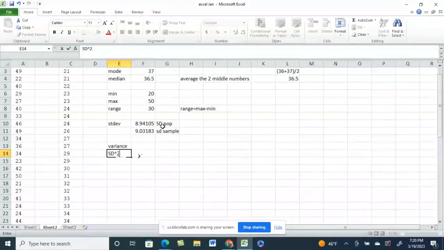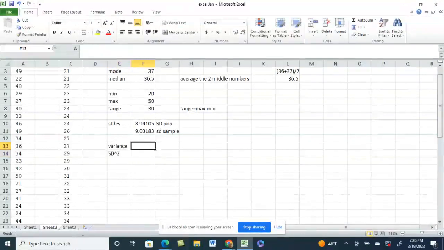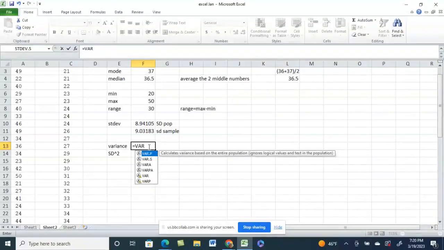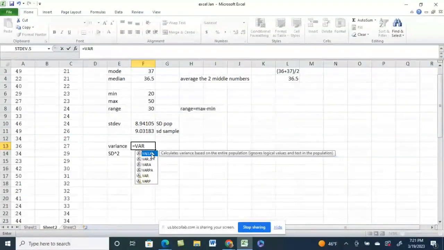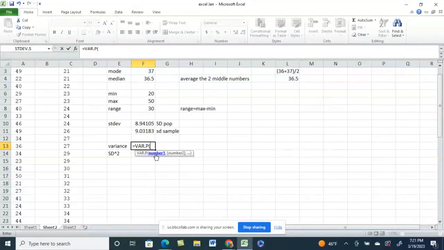You're going to take these numbers and square them, and that gives you the variance. So in Excel, there's two of them, just like standard deviation. We do VAR.P for population. So we're going to do the population one first.